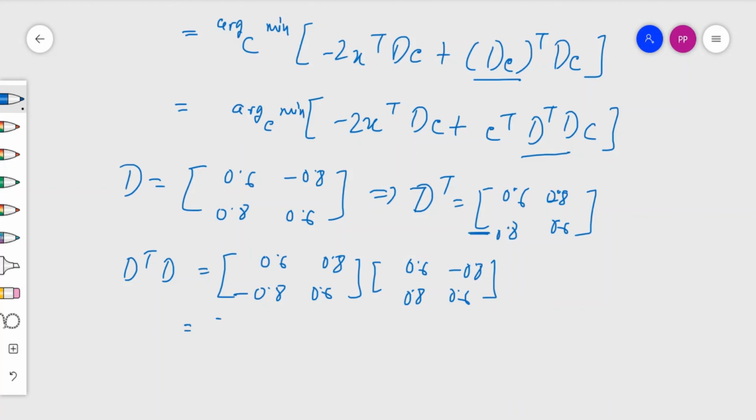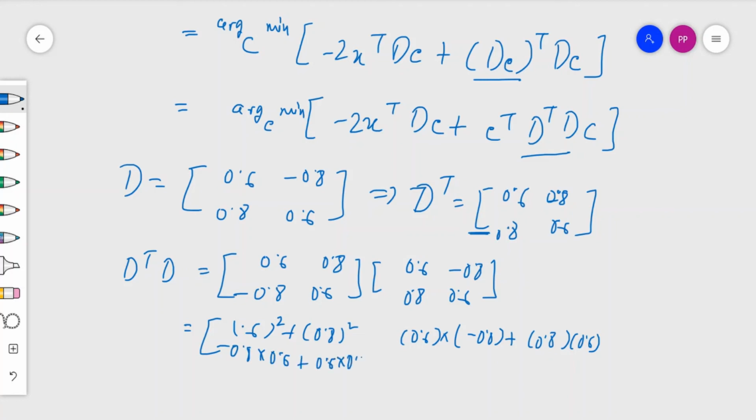If you multiply, you will get element by element product: 0.6 square plus 0.8 square. Then we have 0.6 into minus 0.8 plus 0.8 into 0.6. Then you have minus 0.8 into 0.6 plus 0.6 into 0.8. Then minus 0.8 square plus 0.6 square.